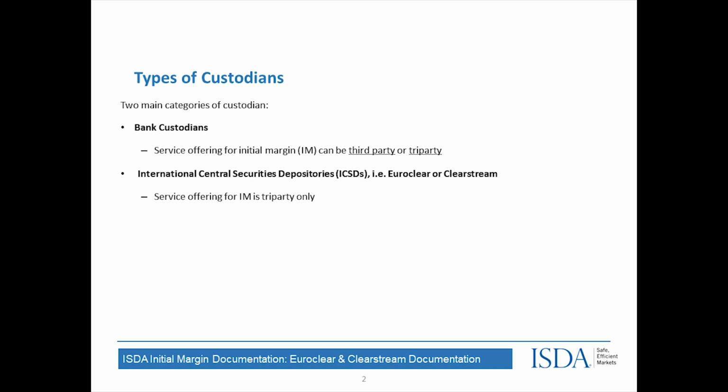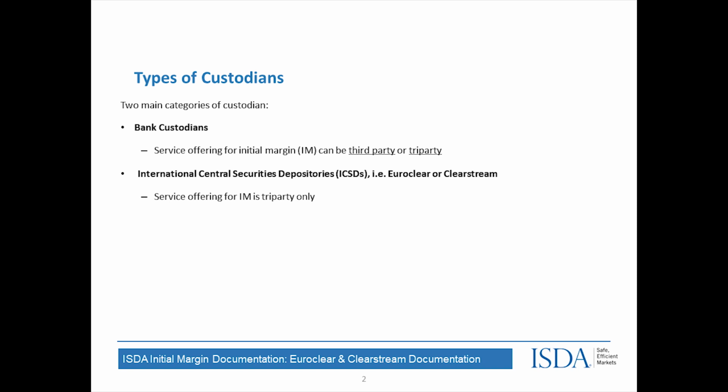And as I said, these are central securities depositories, so they are different from bank custodians. Now, they obviously have a broader role in the settlement of securities, that is, as ultimate holders of securities so that people can hold and transfer them in book entry form through intermediaries.